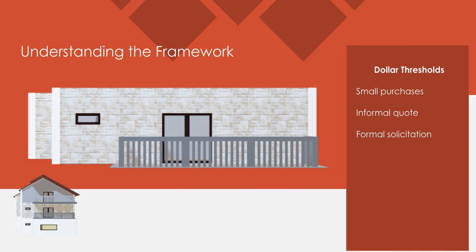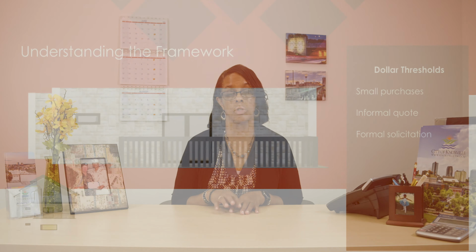The second threshold is the informal quote threshold. The dollar amount for these thresholds varies by agency. This threshold requires the agency to solicit quotes from several interested businesses. The business that meets specification and submits the lowest price is issued the purchase order. The final threshold is the formal solicitation threshold.